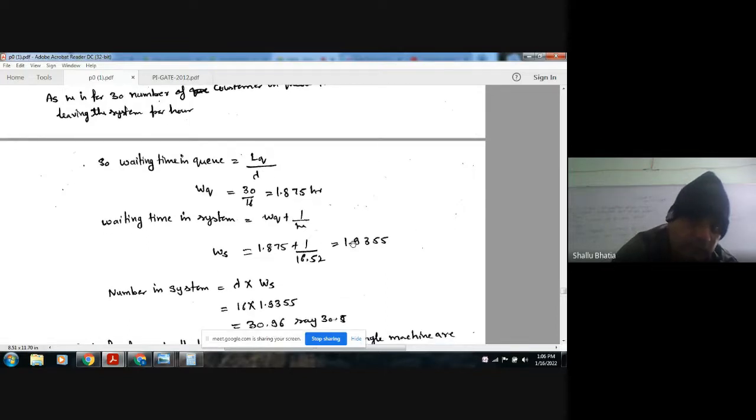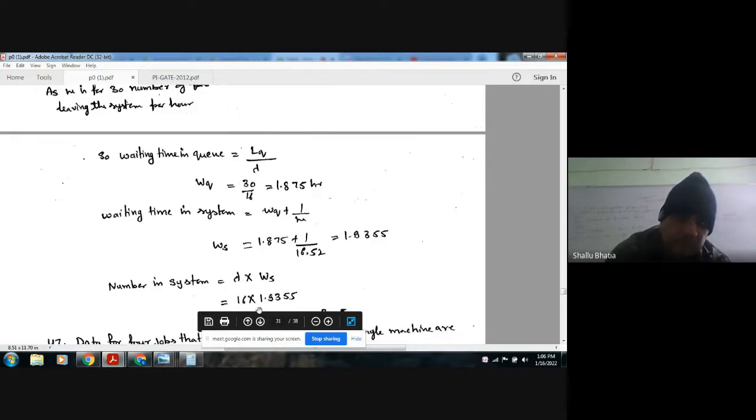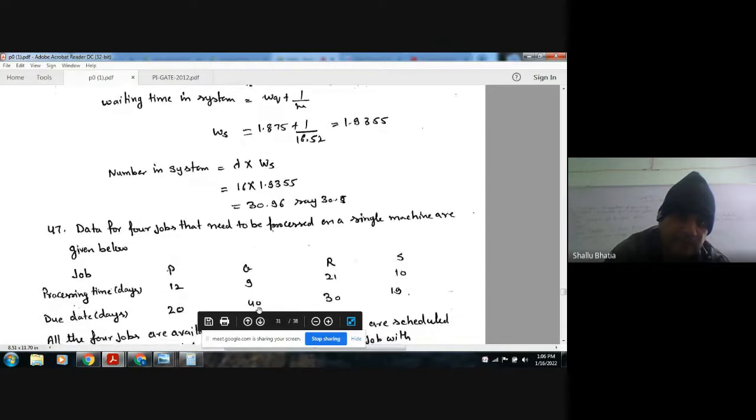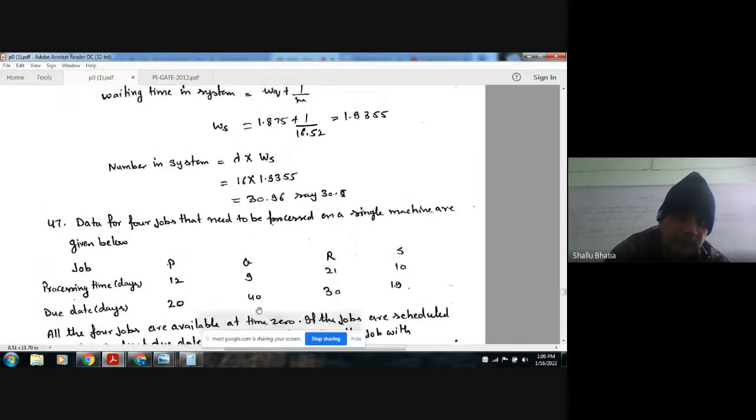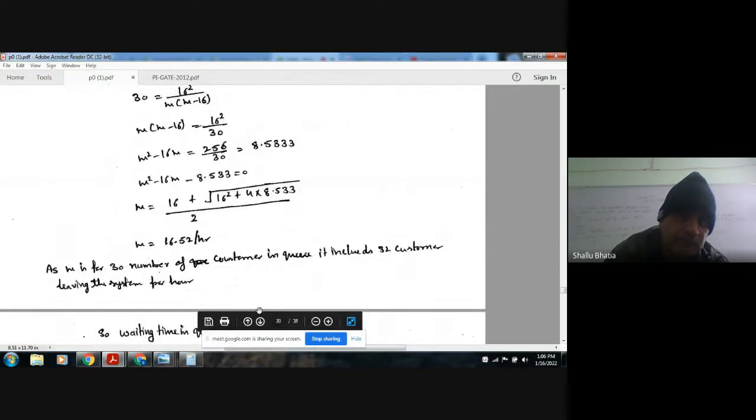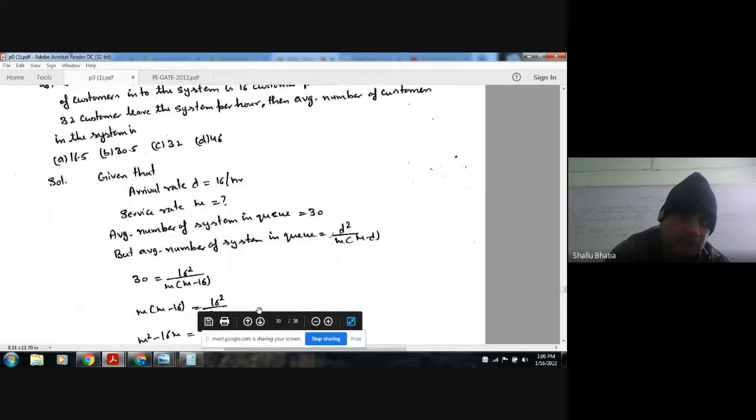So it is the waiting time in queue plus the time during which the person is being serviced. The number in system is lambda, the arrival rate, into the waiting time in system. So the answer is 30.96, so it is 30.5. So the option is B.